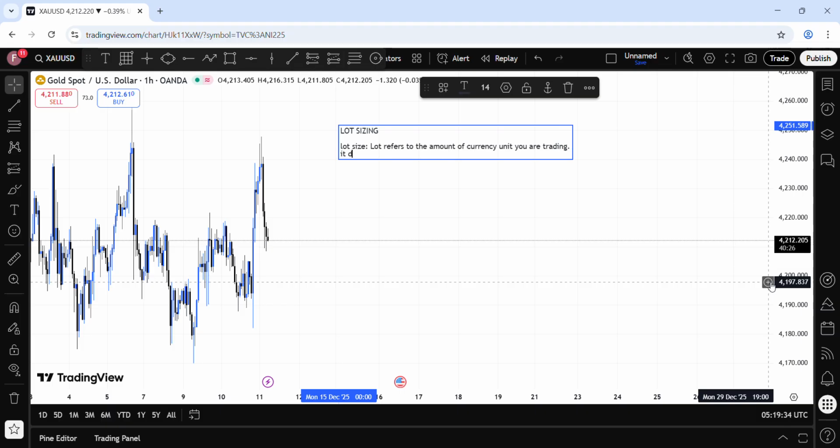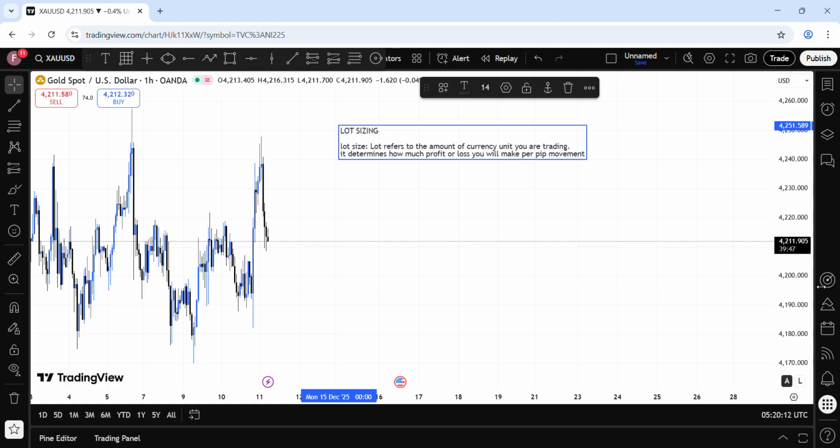It determines how much profit or loss you will make per pip movement. So basically, lot size determines how much we are going to make on a trade. A lot size is going to determine the amount of money we are going to make on a trade.